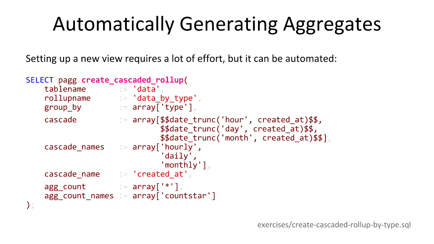So what we say is here, the name we give this rollup is data by type, and we want to group by type, and then additionally we want to have several aggregation steps. For example, we want to look at the hourly aggregates, the daily aggregates, and the monthly aggregates.